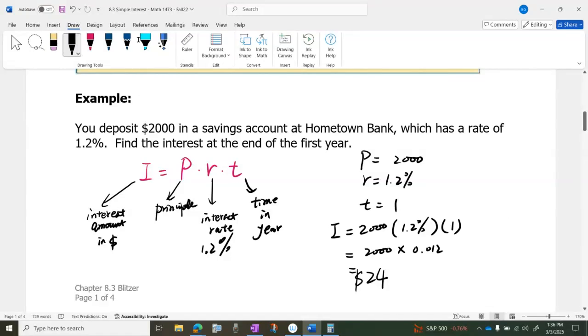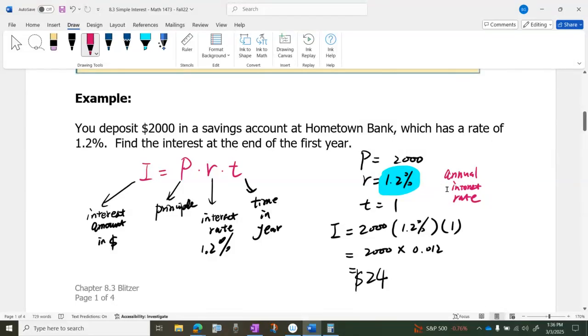How do we understand the interest rate? Annual interest rate. When the annual interest rate is 1.2%, 1.2 for every 100 means every $100 you deposit, by the end of the year, 1 year annual interest rate, you will have $1.20.